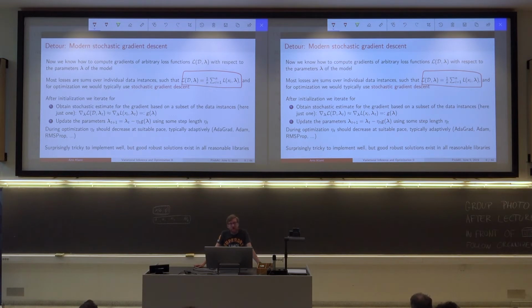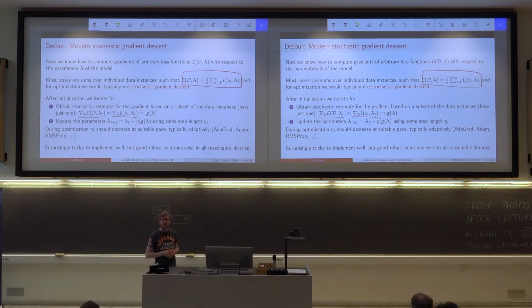And what stochastic gradient descent, instead of regular gradient descent, means is simply that we estimate the gradients of our actual loss function by subsampling data. Here I wrote the equation of subsampling just one instance of the data. In reality, you can of course use mini-batches. And we just say that this is an estimate of the gradient of the whole loss function after having observed just one of the data.